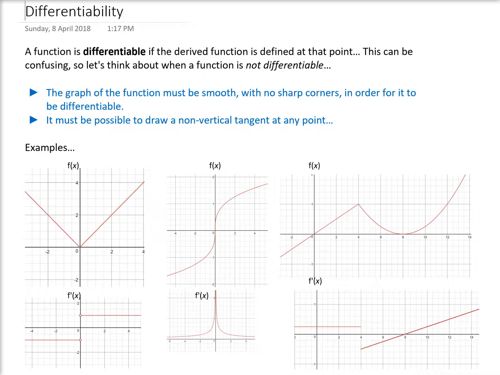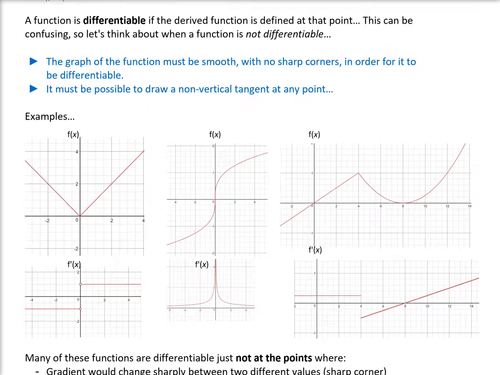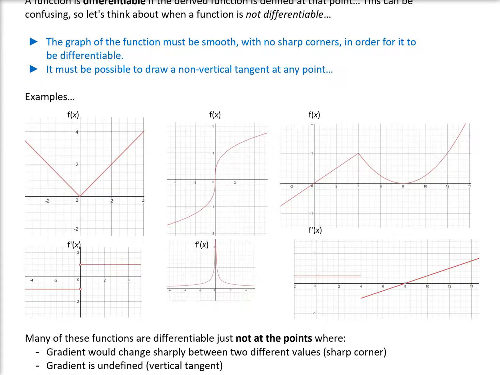If there is a sharp corner, then the function is not differentiable at that point. And there mustn't be any vertical tangents at the point. So here are some graphs. Below are the gradient functions of the graphs.